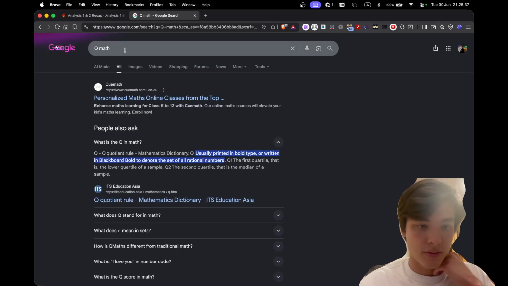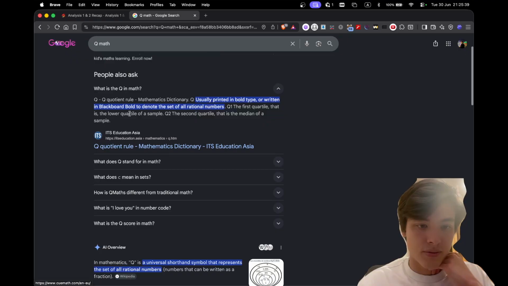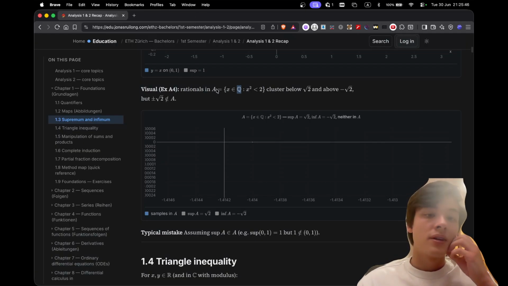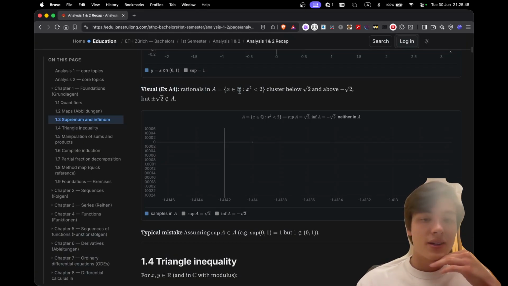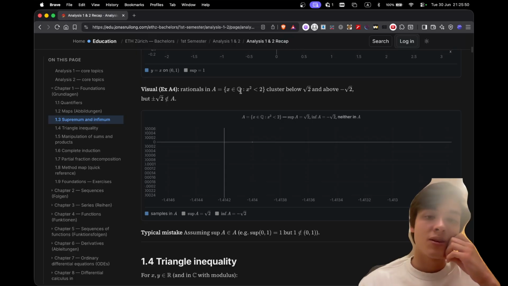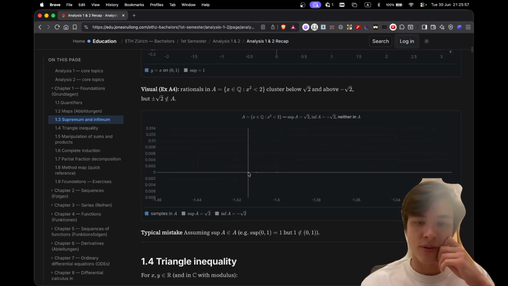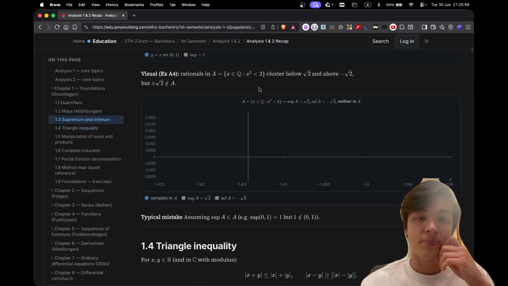Well, rational numbers. Oh my gosh, how do I not even know that? But yeah, the square root of 2 is not a rational number, but it's the infimum and supremum.